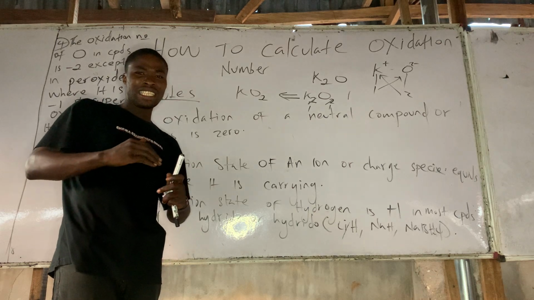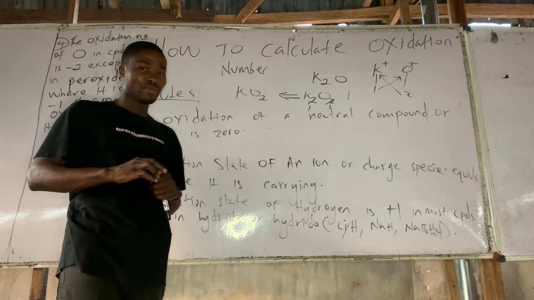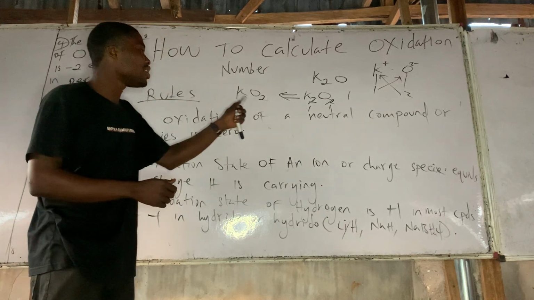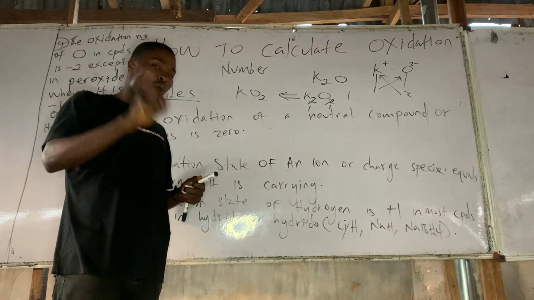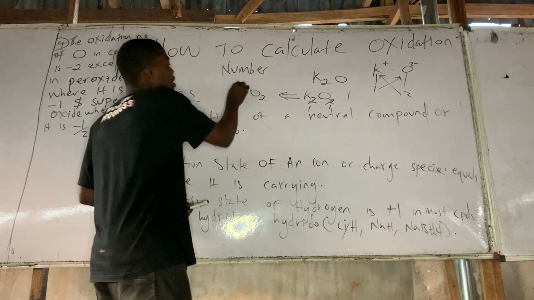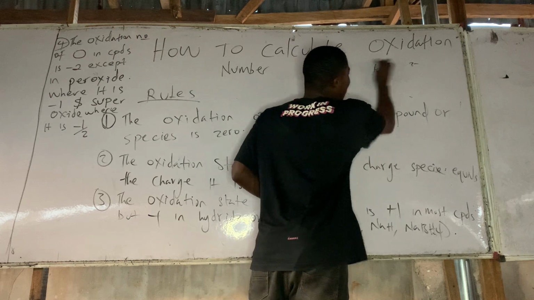Moderately reactive metals like magnesium and aluminium tend not to form superoxides. That is a superoxide, and in a superoxide, the oxidation state of oxygen is -1/2.